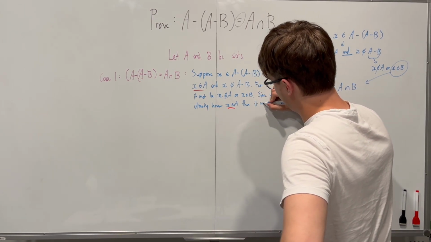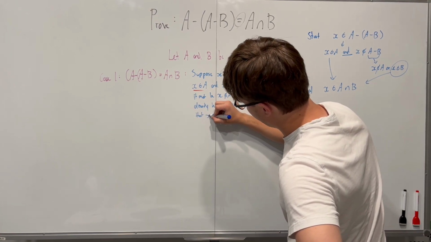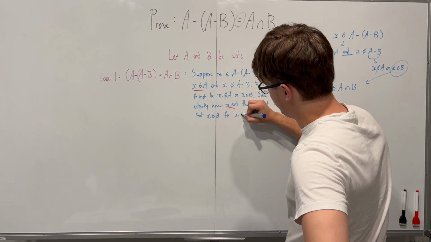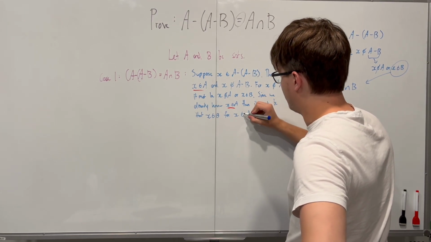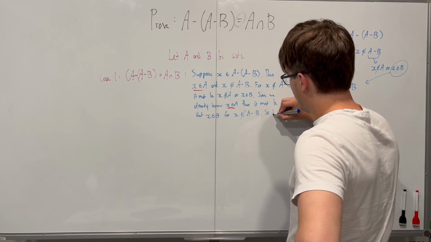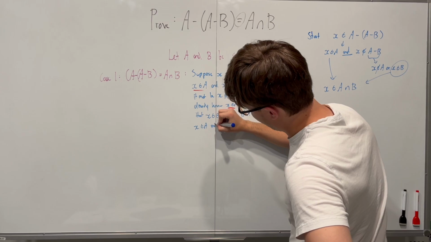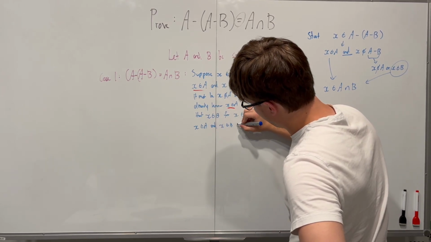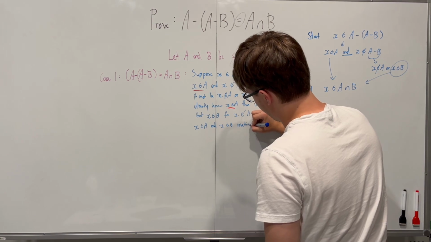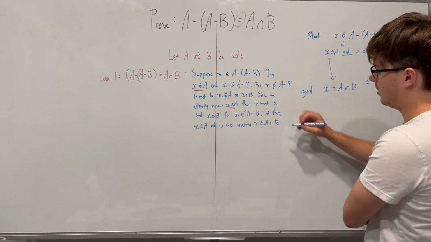Then it must be that X is an element of B for X to not be an element of A minus B. So then X is an element of A and X is an element of B, making X an element of A intersect with B.